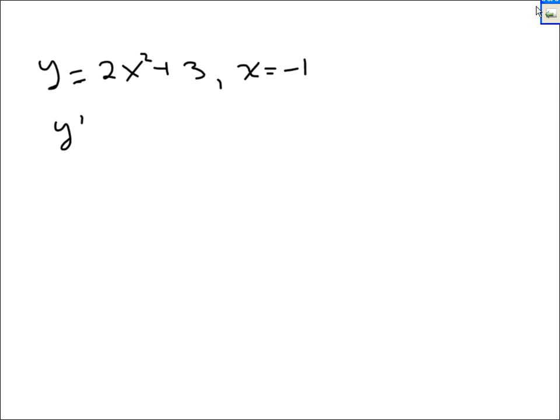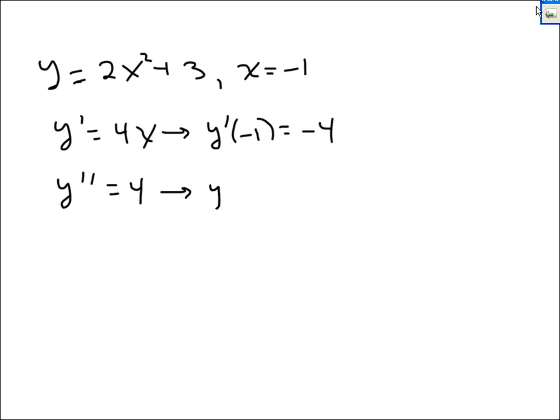So y prime is 4x, and y double prime is 4. So y prime at -1 is -4. And y double prime at -1, well, it's a constant. It doesn't care what x equals. X can equal 1, it can equal 1,000,000, it can equal -1. Y double prime is going to be 4.